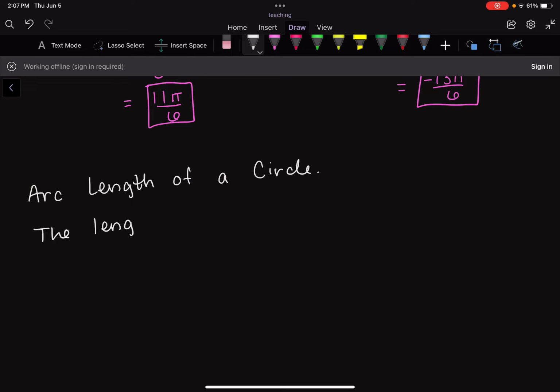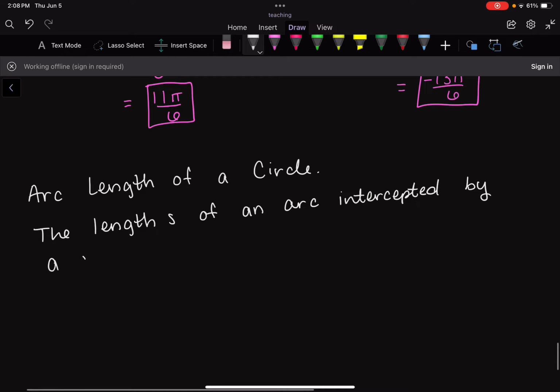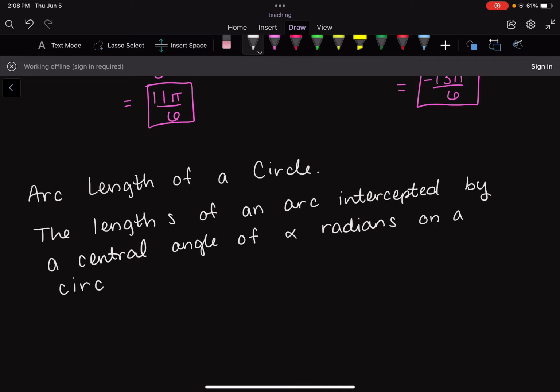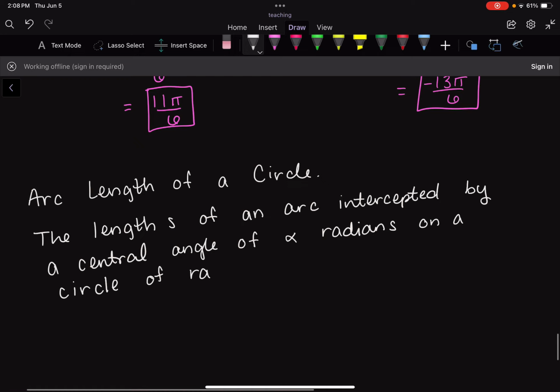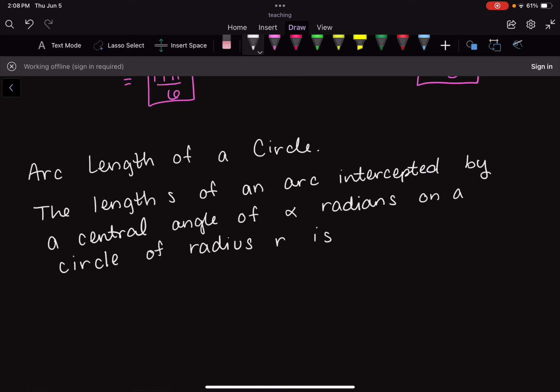The length S of an arc intercepted by a central angle of alpha radians on a circle of radius r is, and I'll give you this formula. Formula is S is equal to alpha times r.